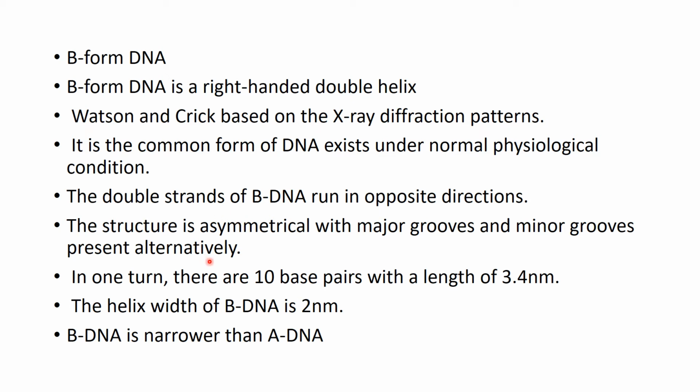All other features are similar to Watson and Crick, and there are major and minor grooves alternately present. That is the main thing which was different in A DNA, and you already know that 10 base pairs are present in one turn, and one turn takes 34 Angstroms or 3.4 nanometers. The width of the helix is 20 Angstrom or 2 nanometers, and it is narrower than A DNA, which we had seen was 23 Angstrom.